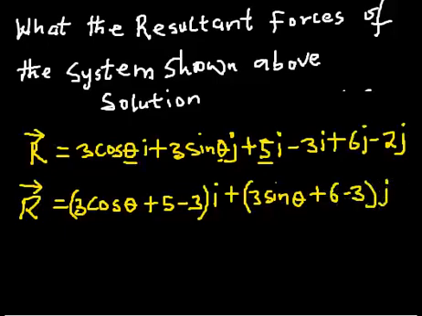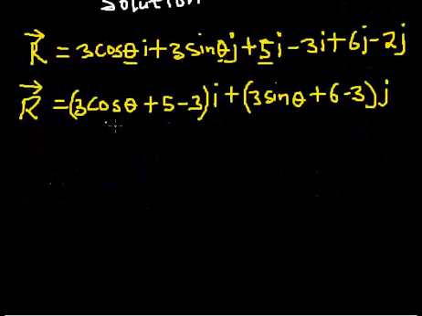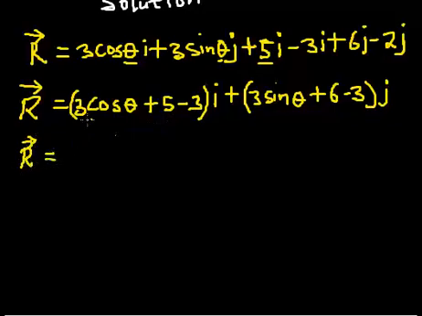So with what I have, as you can see, I can still break it down into 3 cos theta, and 5 minus 3 here is 2, plus 2.